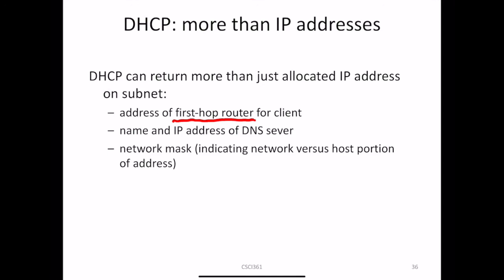Another piece of information is the name and the IP address of the DNS server, usually the local DNS server. And also the network mask, or we call it the subnet mask, which is very useful information for the newly joined users.